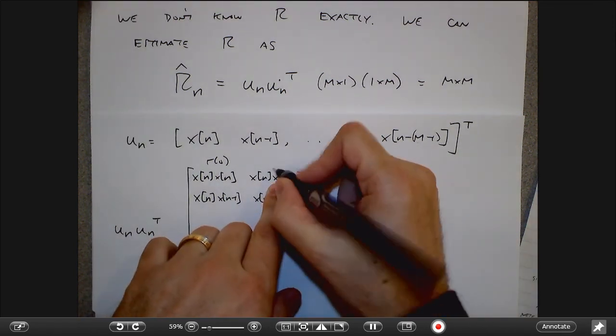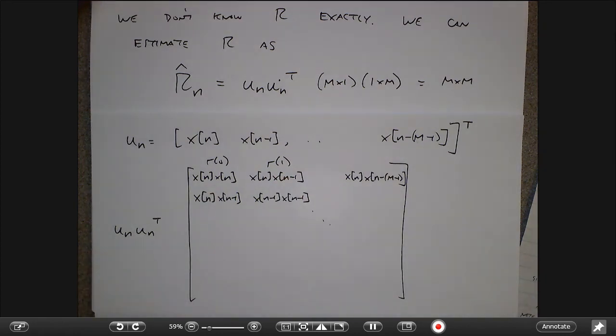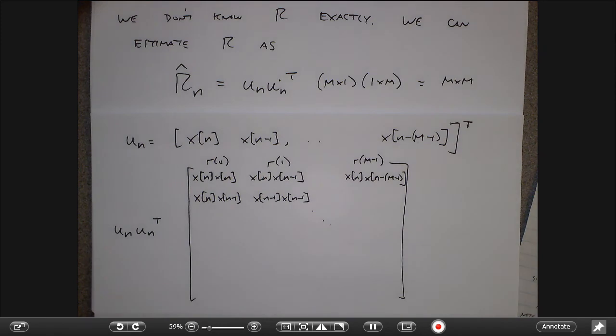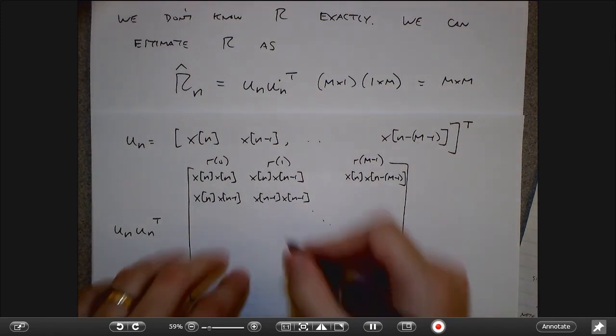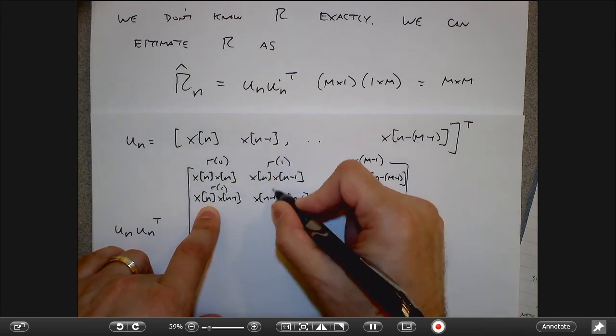Here, the expected value of this is R1 because these two elements have a unit lag between them. The expected value of this is R m minus 1 because those are separated by m minus 1. And similarly, the expected value of this, again, these are separated by 1, these are separated by 0.